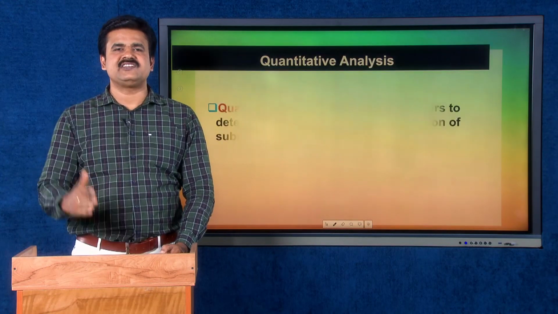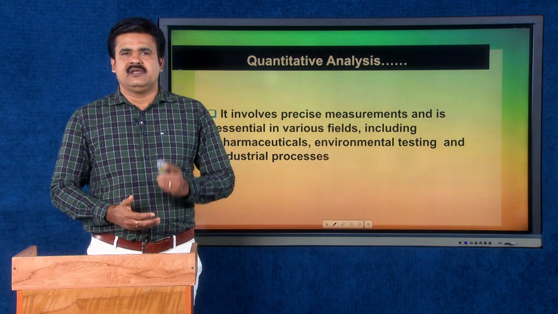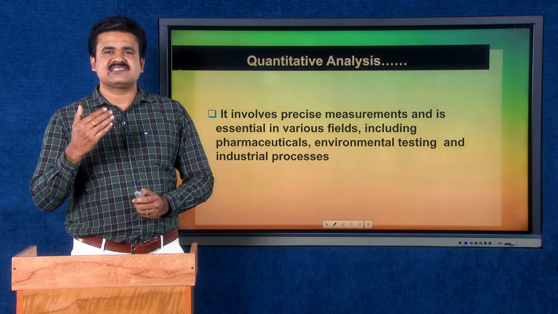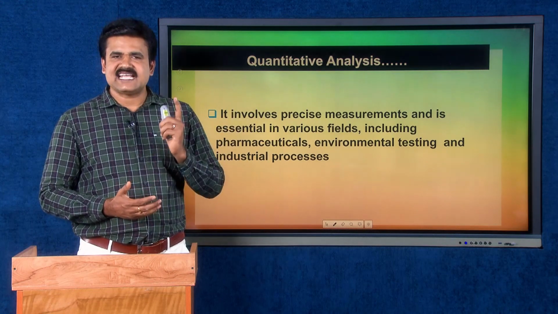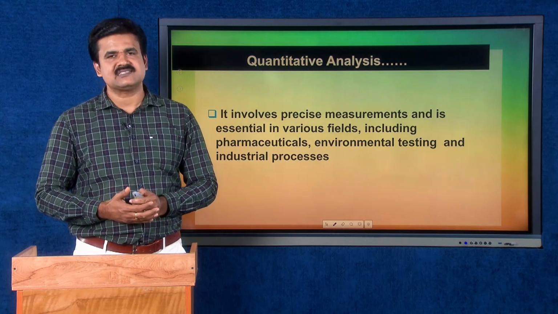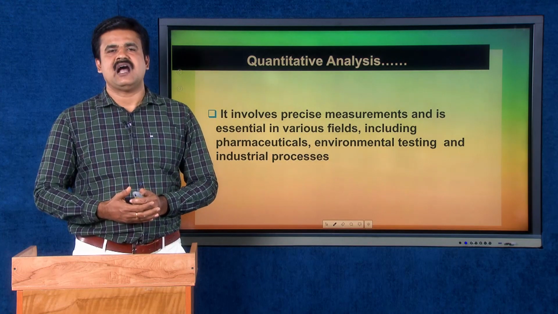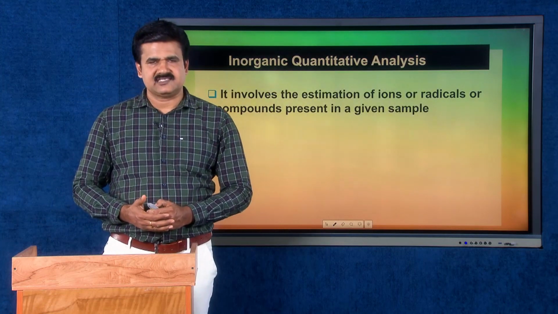Quantitative analysis in chemistry refers to determining the amount or concentration of a substance in a sample. The quantitative analysis involves precise measurements and is essential in various fields including pharmaceuticals, environmental testing and industrial processes.